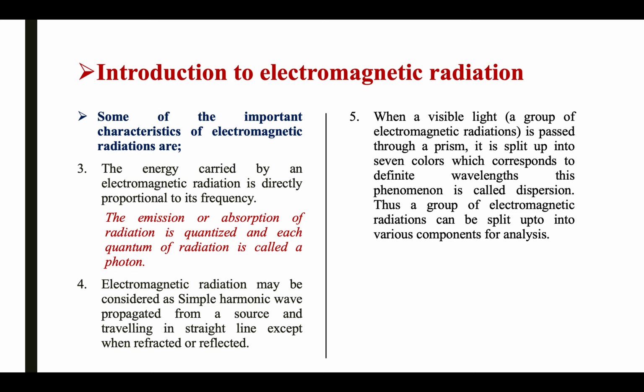So the seven colors will split after passing through the prism. These seven colors correspond to definite wavelengths. Due to path difference, it will split into different wavelengths, and this phenomenon we call dispersion. Thus the group of electromagnetic radiation can be split up into various components for analysis.